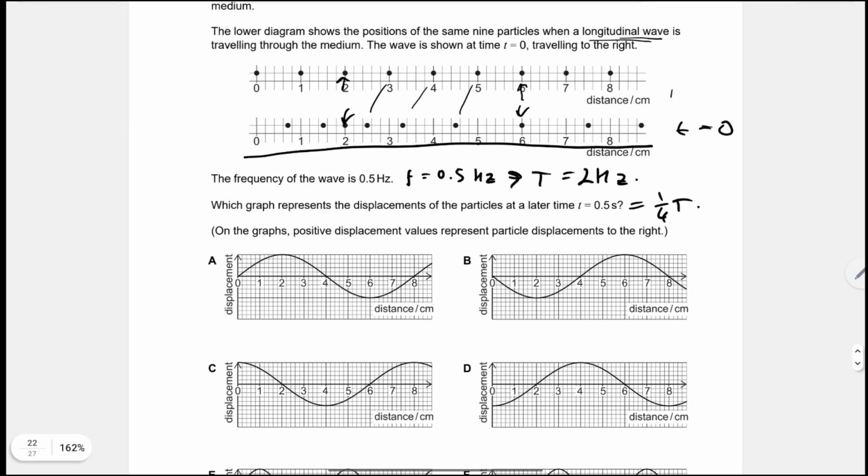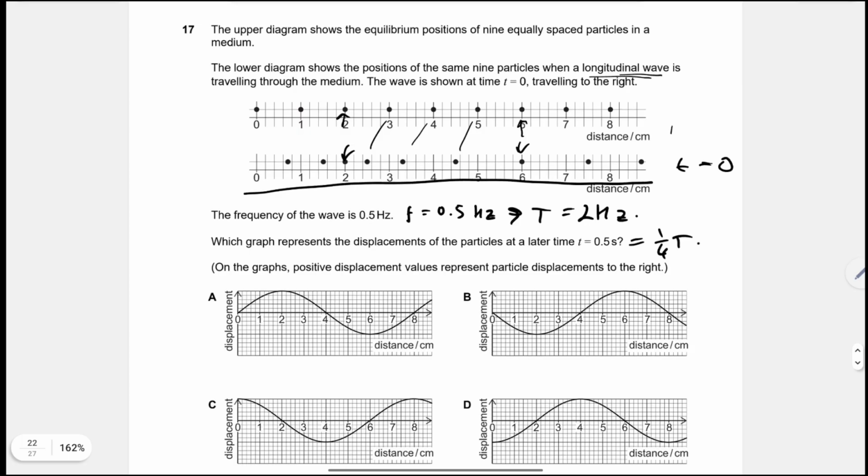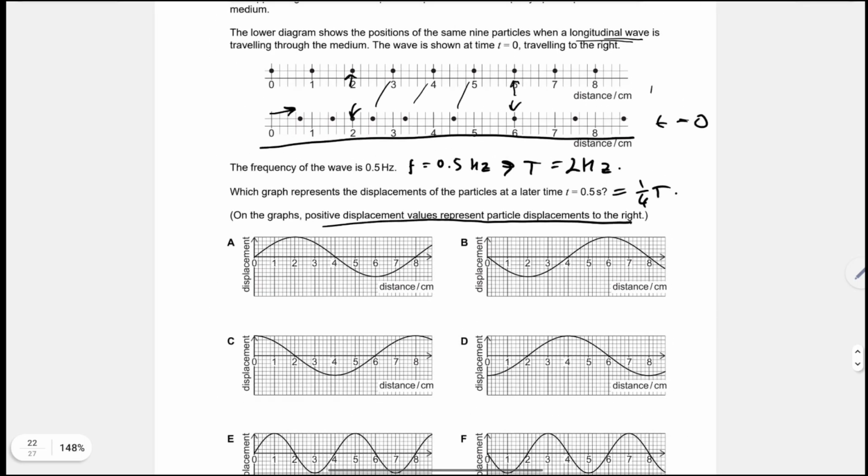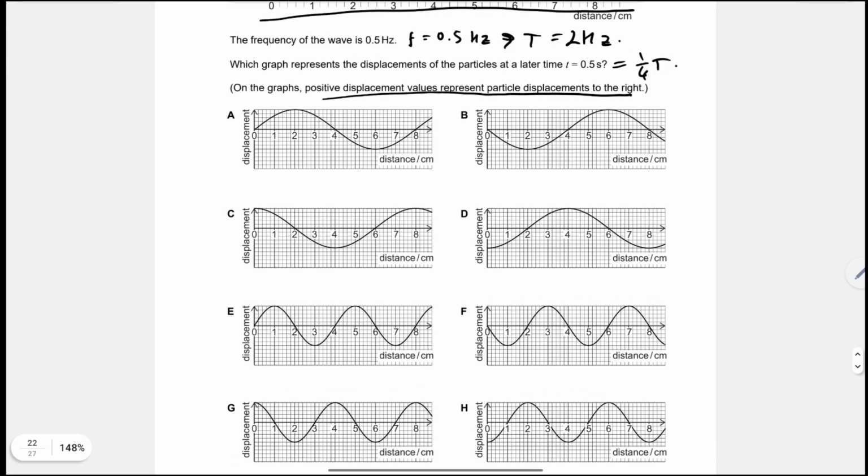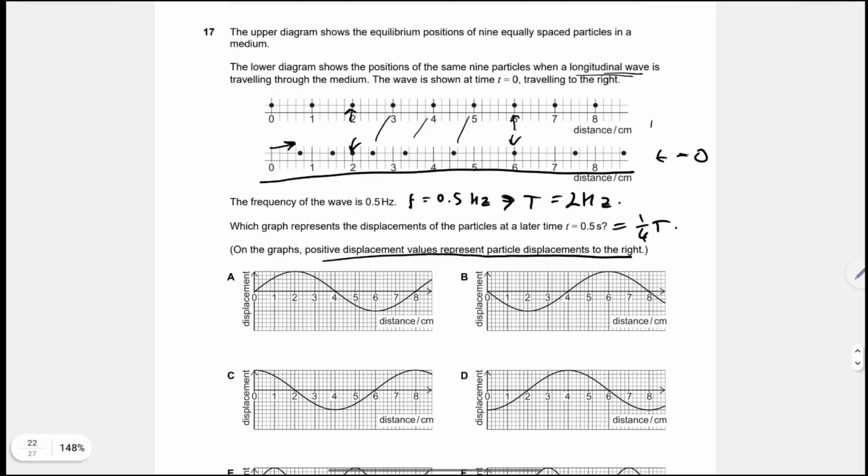So let's say positive displacement represents particle displacements to the right. So at t equals 0, this is what the graph looks like. If this is the displacement, and this is distance, we've got max displacement at 2, and then where else? 6.